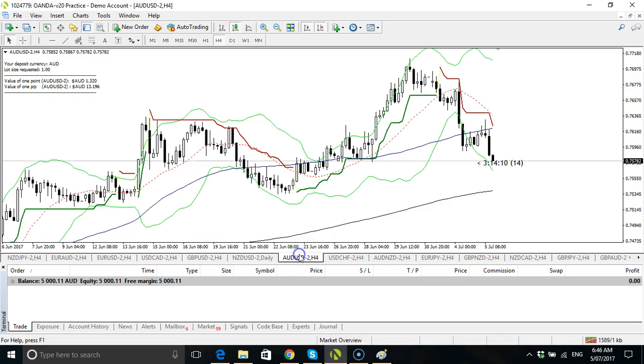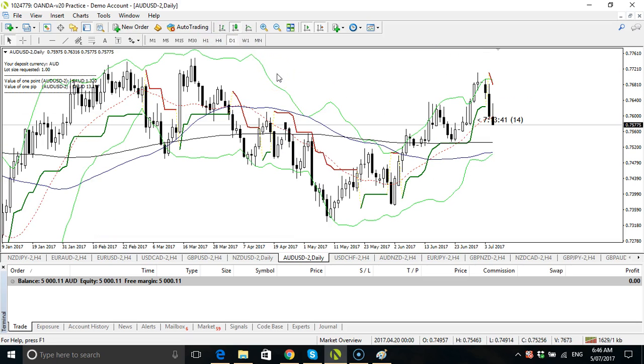Now we'll go to the Aussie as well. So that's the 4 hour, and I do like it if the 55's crossed over the 200. I see that as a higher probability thing. I back tested this a little bit as well. It's interesting.